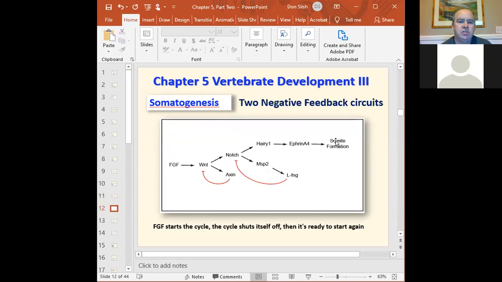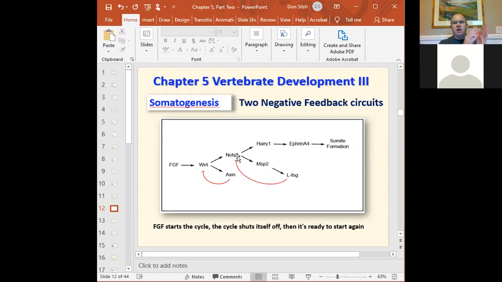Ephrin A4 produces somites. So I imagine if you did this in a test tube, it would all just happen at once. But here with this motion happening, you get FGF making Wnt, Wnt makes Notch, Wnt also makes Axin, which shuts Wnt off. So then Notch makes Hairy, but it also makes NSP2 and Lunatic Fringe, and that shuts Notch off.